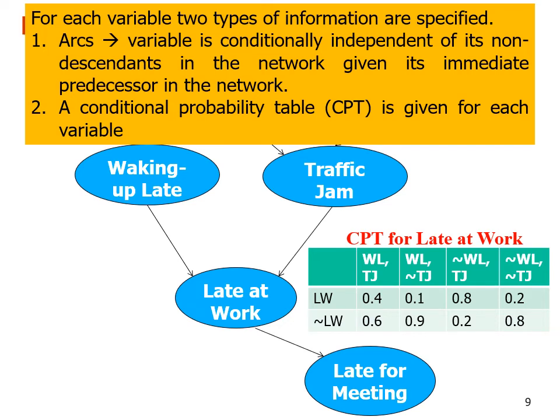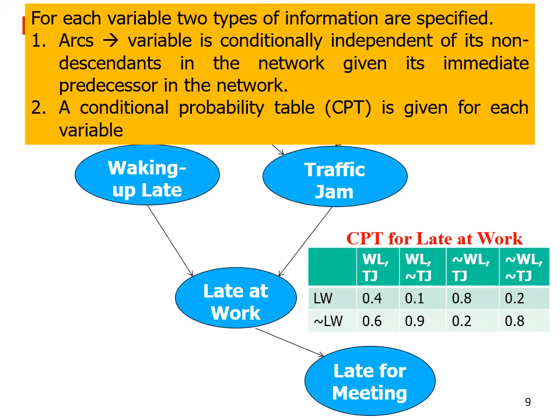So we may interpret this probability of LW as: probability of LW given WL is true and TJ is true is 0.4. Probability of LW given WL is true and TJ is false is 0.1.